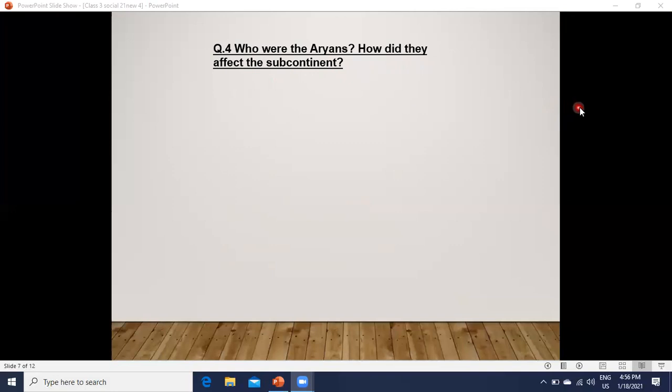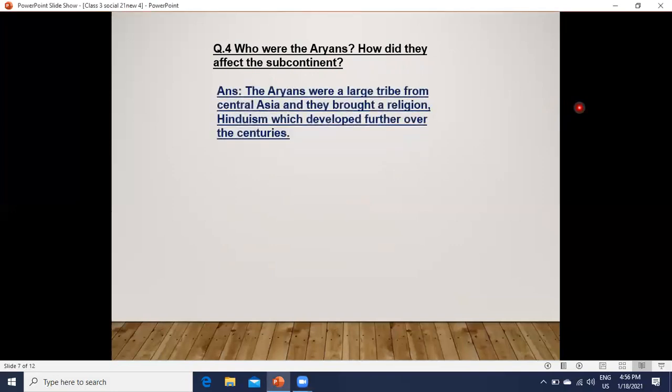The answer is, the Aryans were a large tribe from Central Asia, and they brought a religion, Hinduism, which developed further over the century. That is the answer of question number 4.